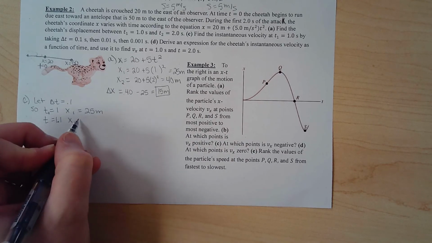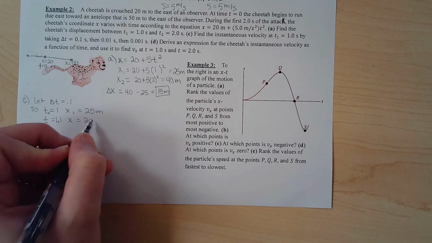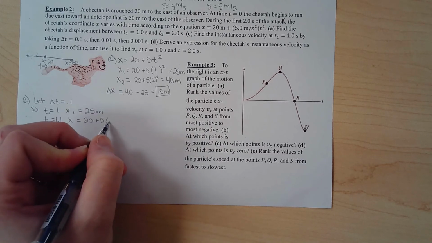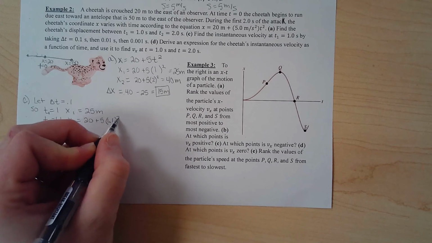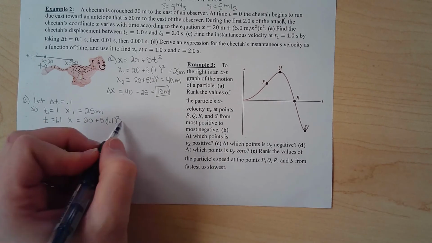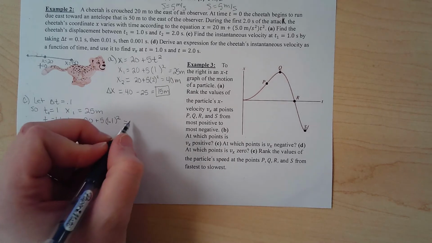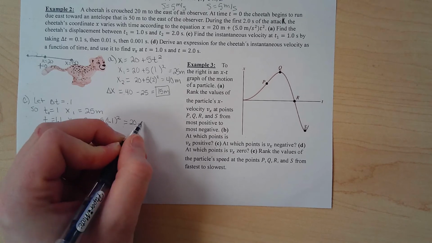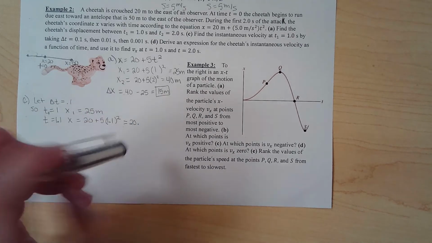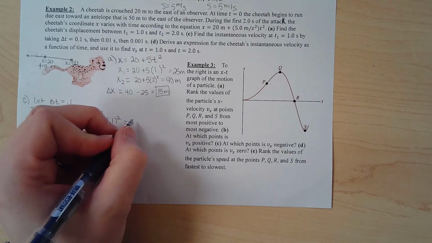So x is going to equal 20 plus 5 times 1.1 squared. When we put that in our calculator, I'm sorry, 26.05. I read my handwriting wrong.